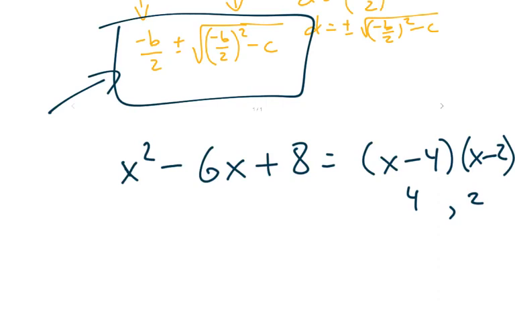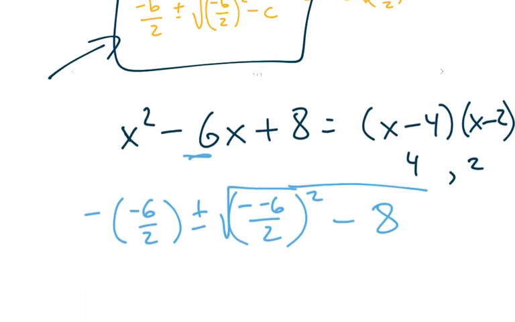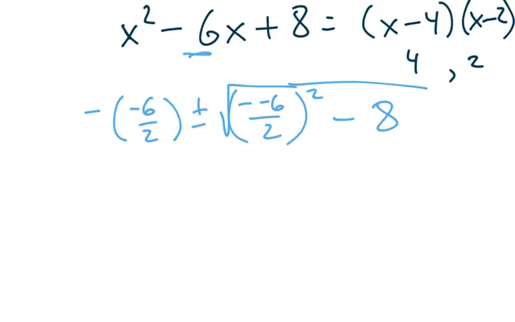All I have to do is take negative b, so negative 6 over 2, plus or minus the square root of negative 6 over 2 squared minus 8. I should end up getting 4 and 2.